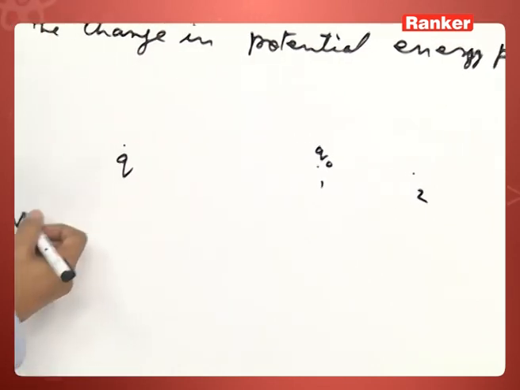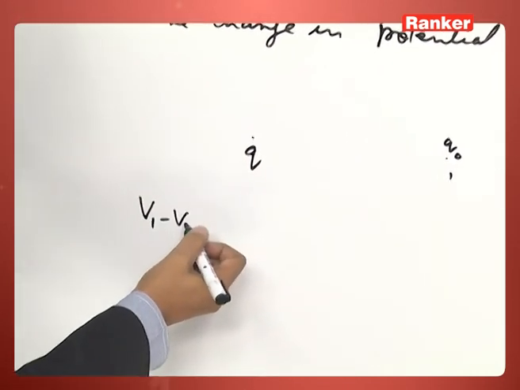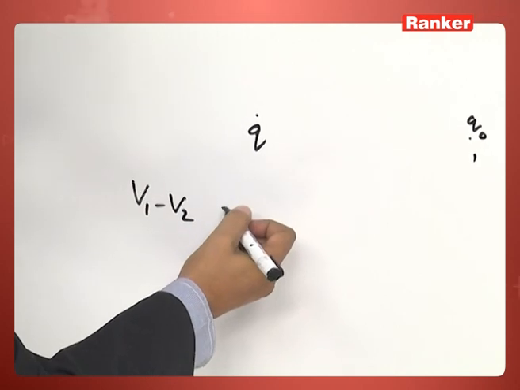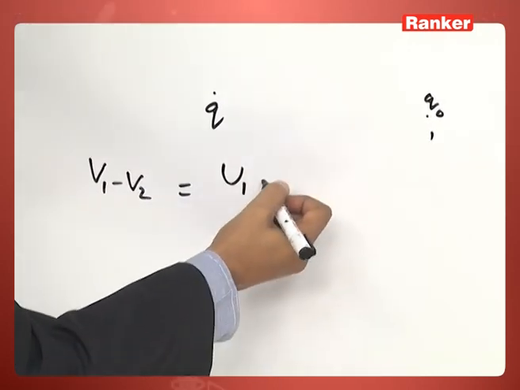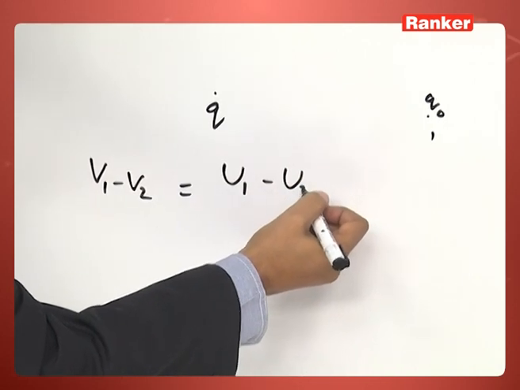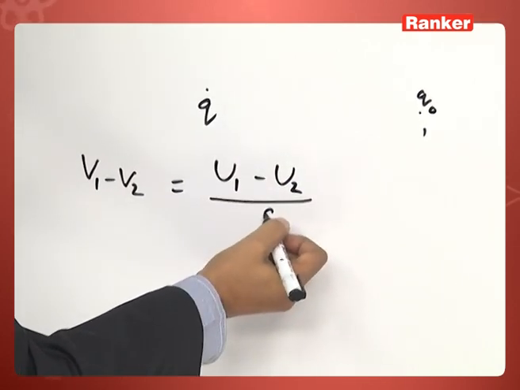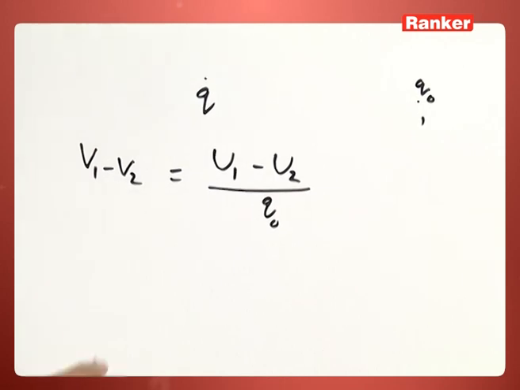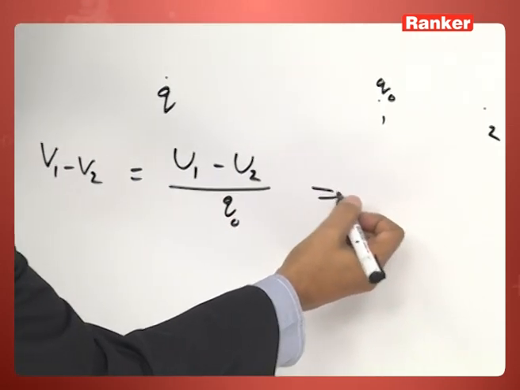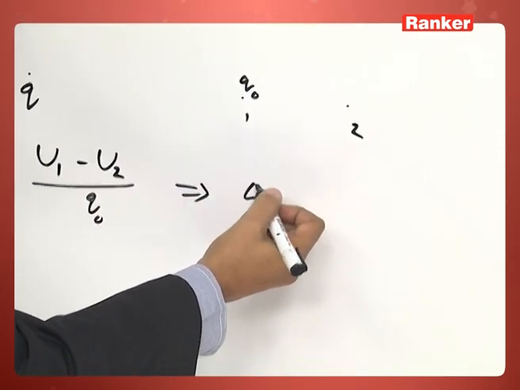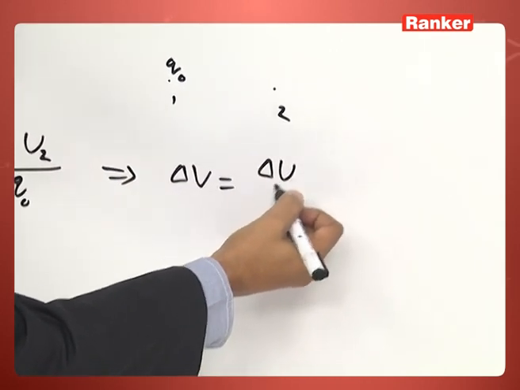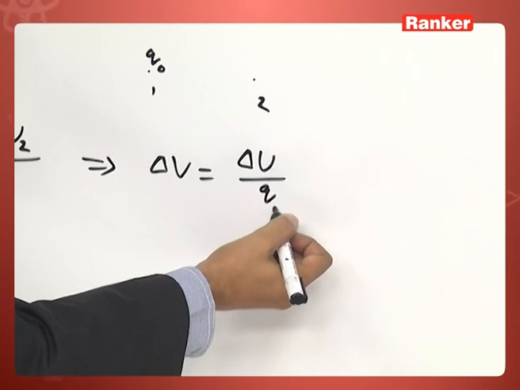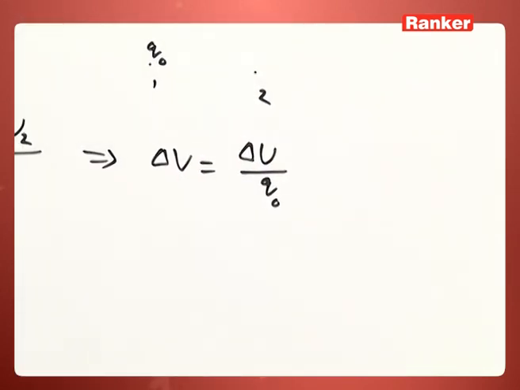So we can say V1 minus V2 is nothing but potential energy at position 1 minus potential energy at position 2 by Q naught, or in general we can write delta V is delta U, the change in potential energy per unit charge.